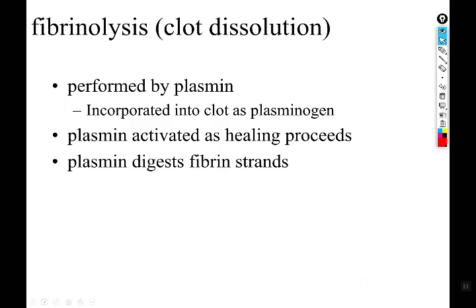This is both to prevent them from getting too large, but also to get rid of them once they're no longer needed. Let's say you've had a clot in place and it's sealing up a broken blood vessel, but then underneath that clot, platelet-derived growth factor and other mitotic factors are encouraging mitosis of the endothelial cells underneath. So they're going to knit themselves back together and basically seal up the wall.